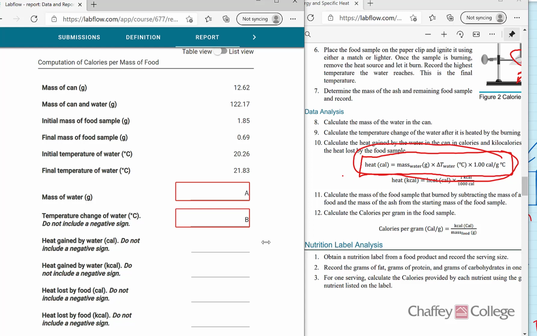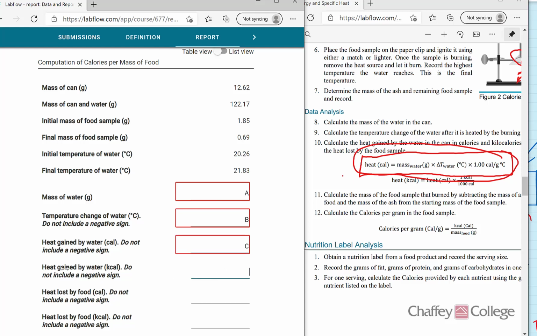So heat gained by water will be equal to A multiplied by B multiplied by 1.00. Whatever the answer comes, that answer needs to go here. Imagine this answer comes out to be C. So just put that C. The value is in calories, so that's the unit.